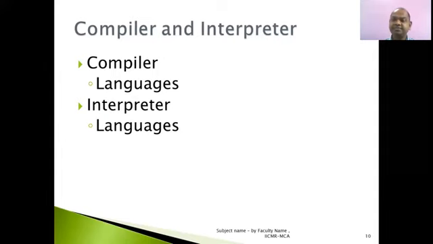What is the functionality of an interpreter? The interpreter will take the code line by line and execute it directly. It doesn't wait for the whole program to be written. Once we have written one single line and you press enter, that line gets executed immediately.